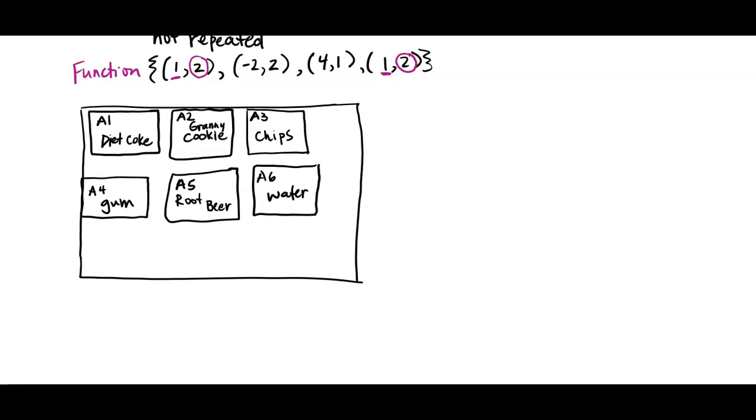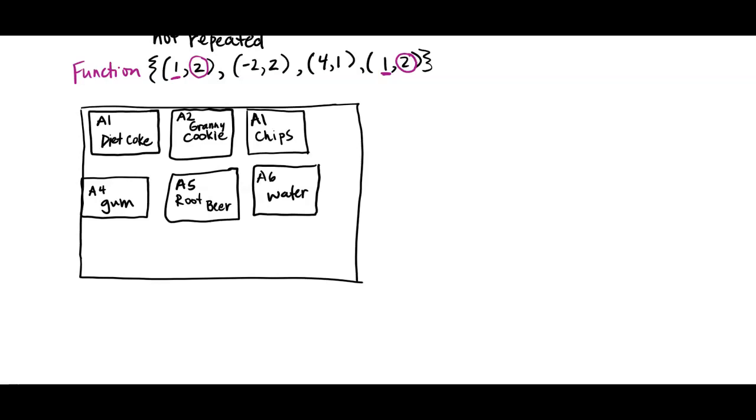What if I erase this for a second, and what if this said A1 also? So Diet Coke is A1 and chips are A1. Well, you're not going to get both of those, but you'll get one or the other.